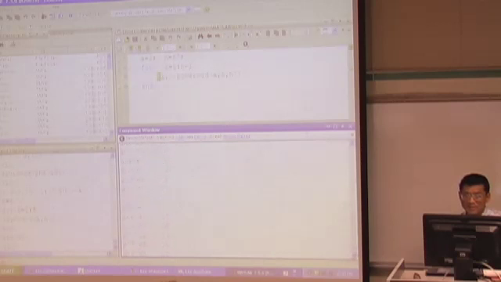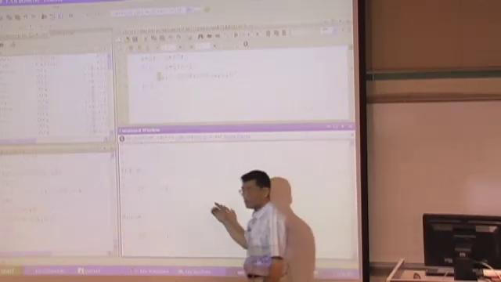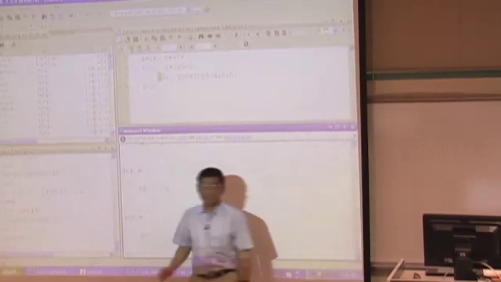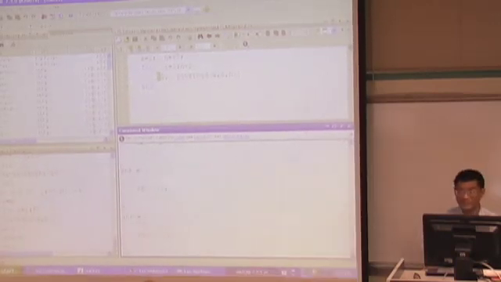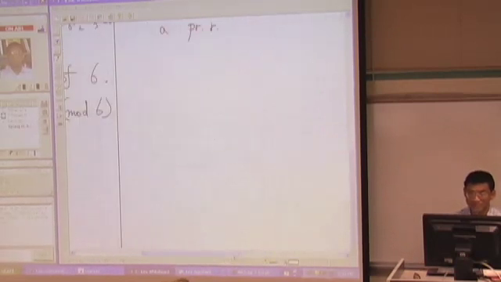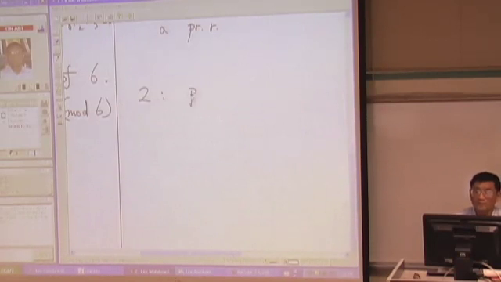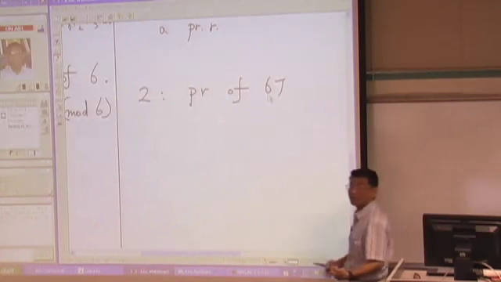And then as you can see, 66 power gives 1. Because of this fact, is 2 a primitive root of 67 or not? Yes. So because of this reason, 2 is a primitive root of 67. And how many more can you find?